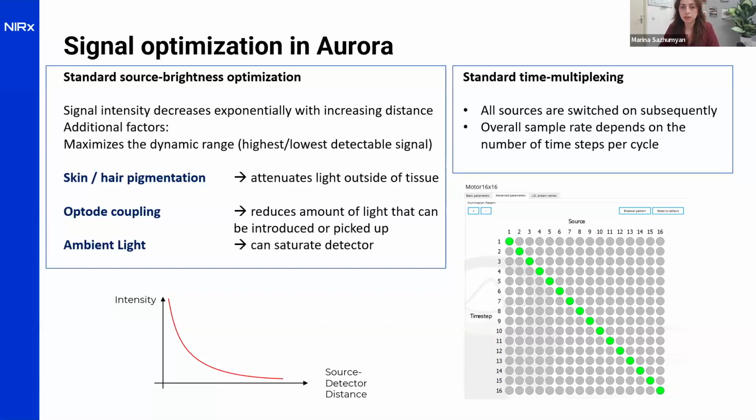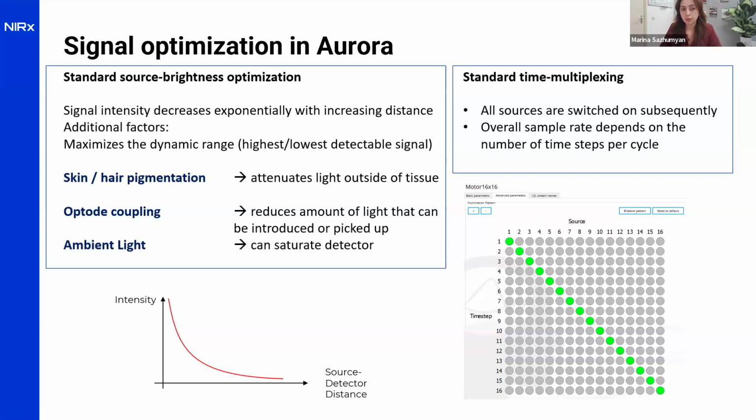And it is also optimizing it to consider factors such as interindividual differences, which are the variance in skin and hair pigmentation, variance in optode coupling, how well the optode coupling is with the scalp, as well as considering the ambient light interference that can lead to saturation.